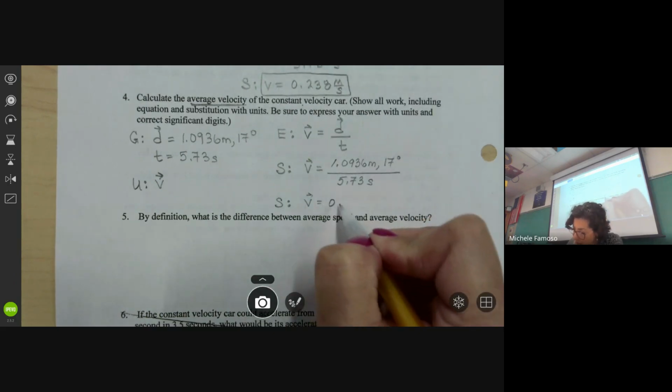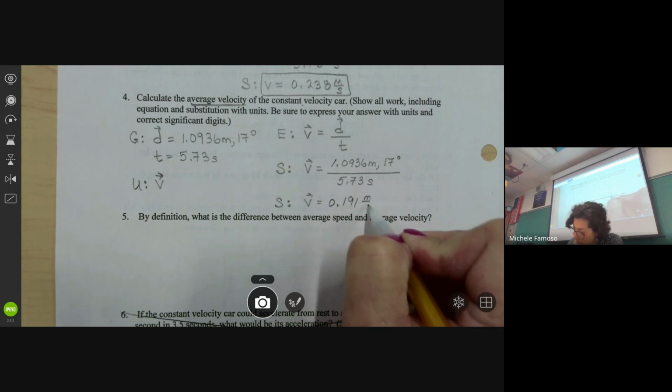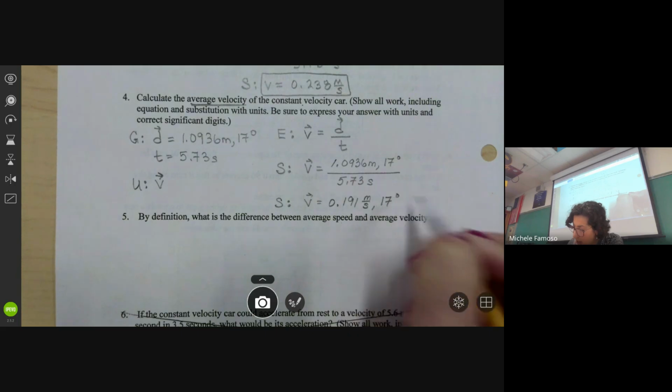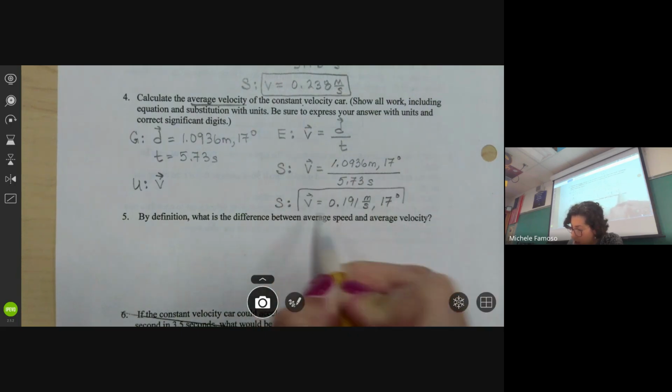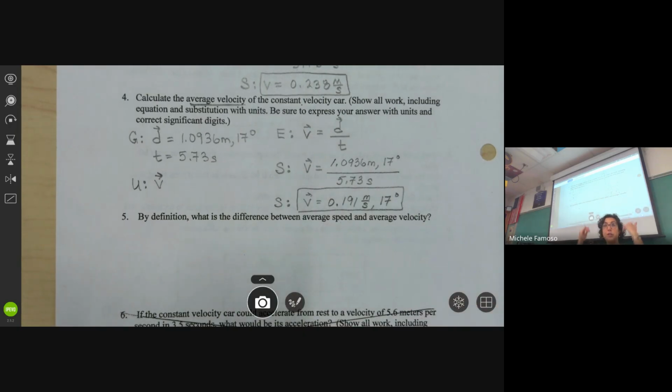Again, you need to round your answer to have proper significant figures. And then the direction on this velocity should be the same as the direction of the displacement. So you're just going to carry that angle measure down.